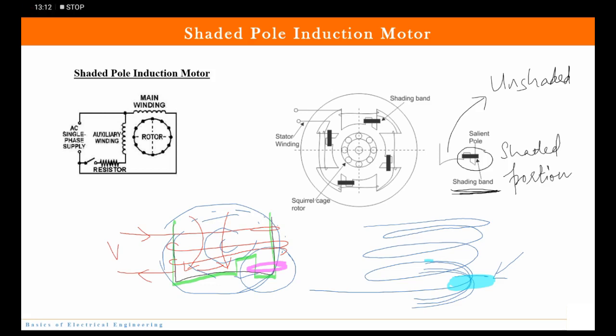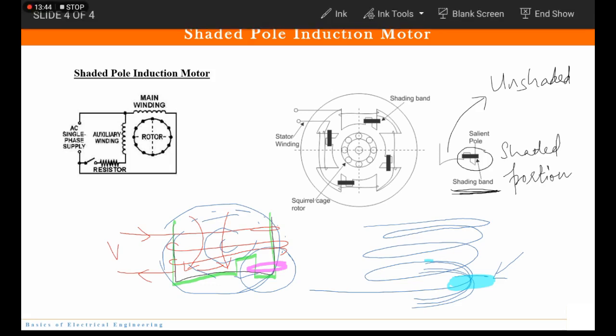Okay, I'll repeat. We have a shaded band or shading coil. Now when we pass alternating current through the field winding or the stator winding, the magnetic field cuts the shading part, and again magnetic field is induced. So this induced magnetic field produces the current and this current opposes the cause.